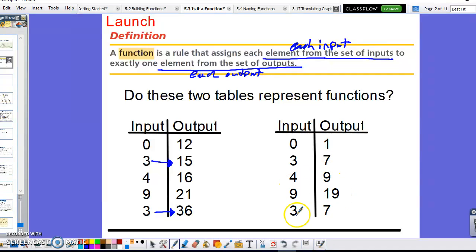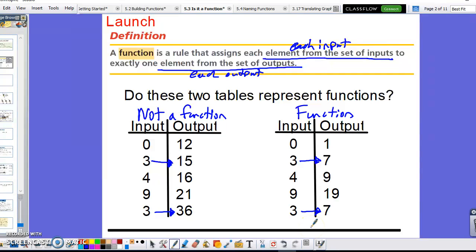So then I go back and say, well, what was 3 again? Remind me. And they say 7. Here, each input had exactly only one output. 3 didn't change like it did in the first table. 3 still produced 7 in both cases. So this one over here is not a function. This one over here is a function.